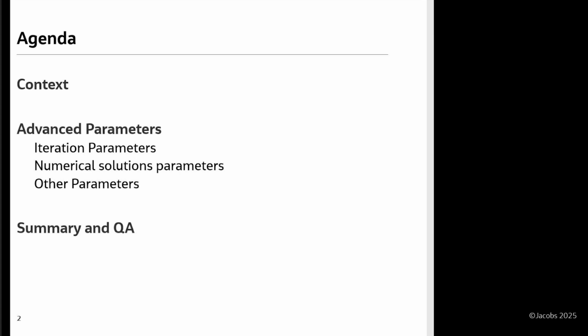It's quite important to flag at this stage that I won't cover all the Flood Modeler advanced parameters during this call because it's quite a big list, but I will focus on key ones that are useful and influential to help troubleshoot and optimize a hydraulic model. We'll finish the session with a summary and 10 minutes of Q&A.